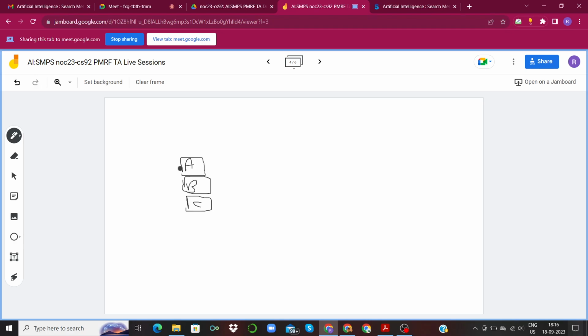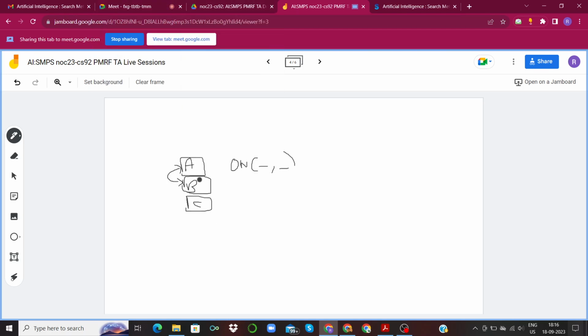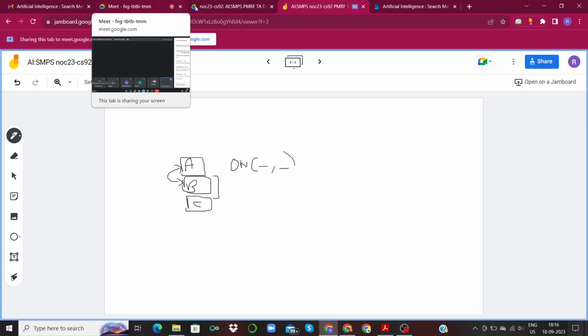If you have defined the on operator in the sense that it takes only two arguments, then you can't say on A, C because A is not directly on C. It's on C through B. If you define your operator in a way that takes into consideration that there can be any number of intermediate blocks, then you can say yes, on A comma C is also true, but otherwise not. So it basically boils down to how you have defined your operators.